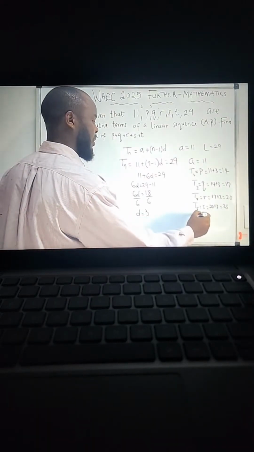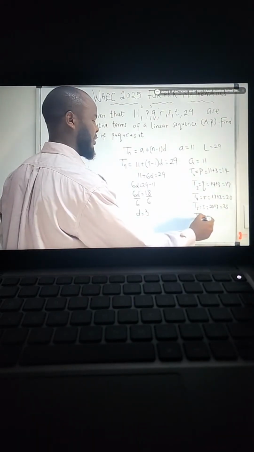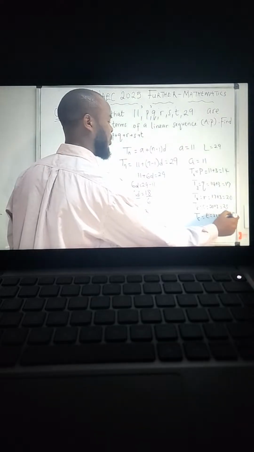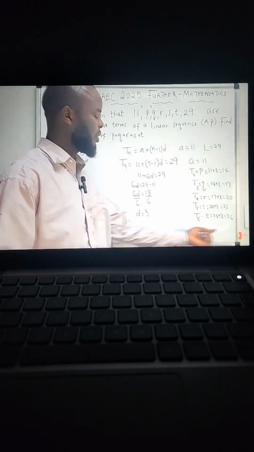Our fifth term should be S, which is 20 plus 3, which is 23. Also, our sixth term should be T, which is 23 plus 3, which is 26. Look at the seventh term. 26 plus 3 is going to give you 29.